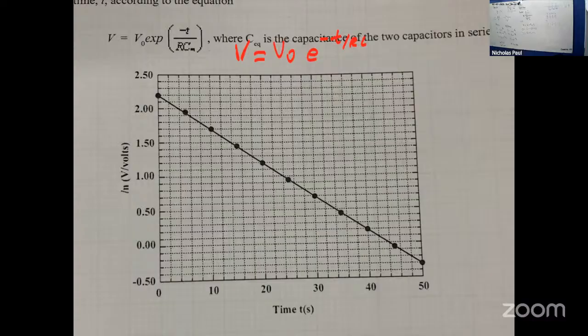In your answer, write down what is the gradient and what is the y-intercept. You do this in module 3, unit 1. Same example.